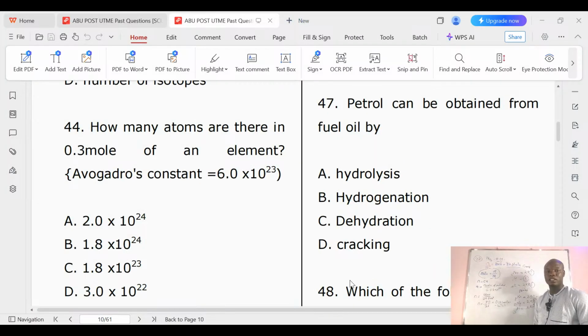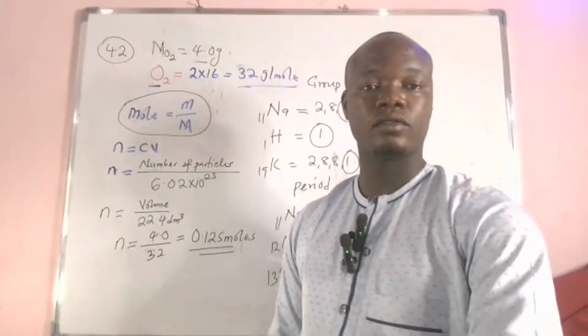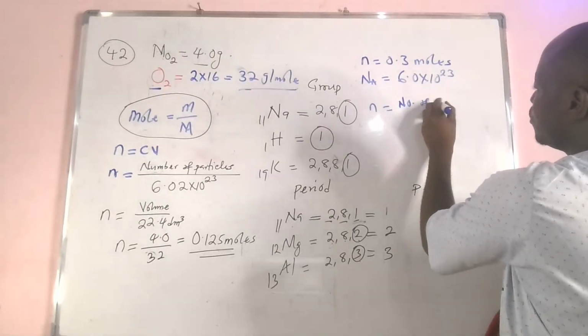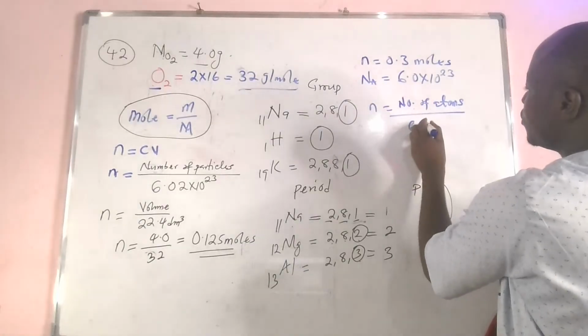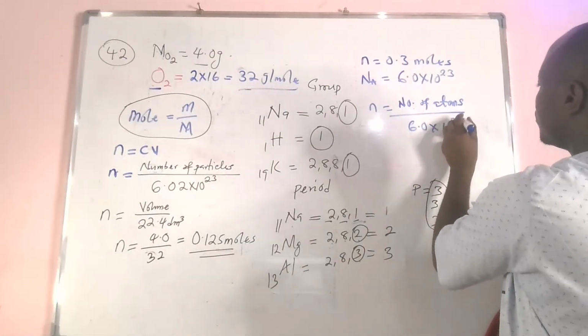If you can see clearly, look at the question very well. I already gave you the formula: mole is equal to the number of particles. So use this formula: the number of atoms divided by 6.0 times 10 raised to the power of 23.